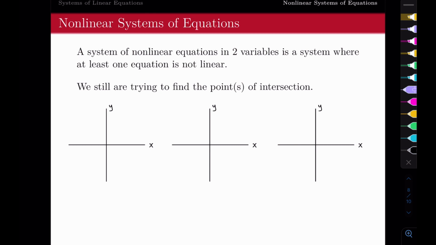So just to give you a few examples, maybe one of our equations is a parabola. So we have a shape that looks like this. And the other equation is a line. Right? It's still absolutely possible that there is a single point that satisfies both of those equations simultaneously.